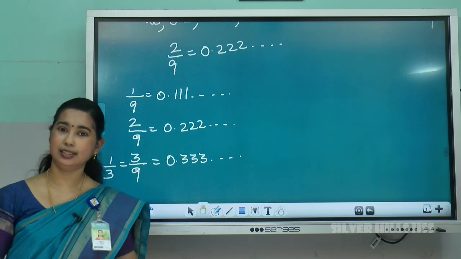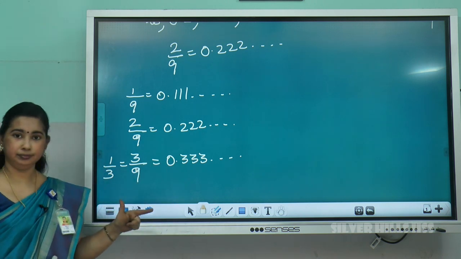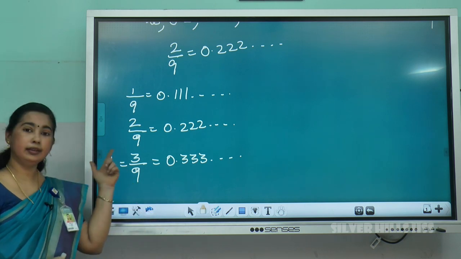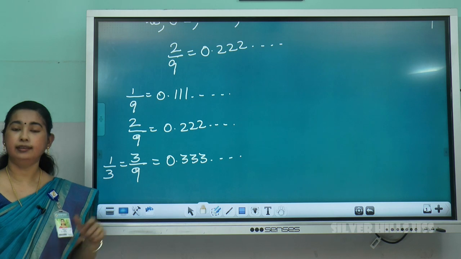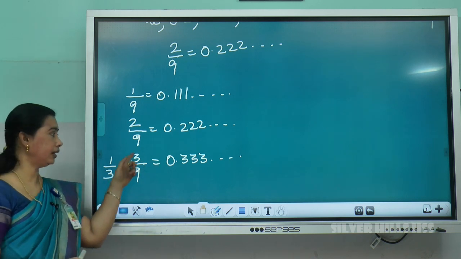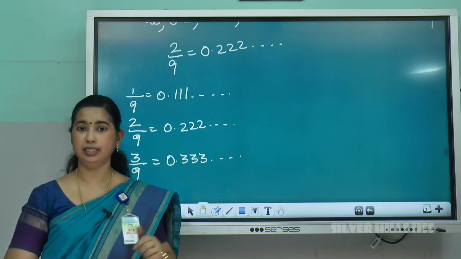What can we generalize here? We can say that if a fraction has denominator 9 and the numerator is a single digit number, then in the decimal form, the same numerator will be repeating and it will be a recurring decimal form.